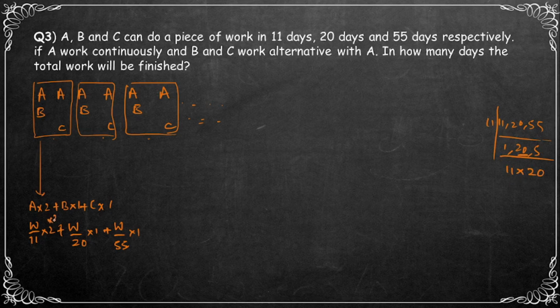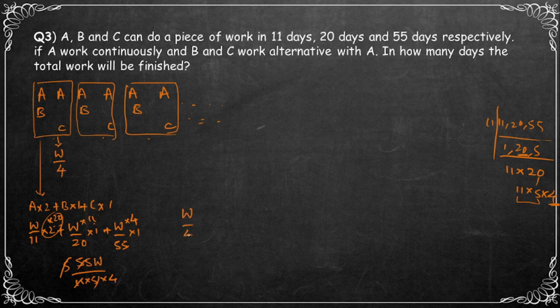So we multiply this fraction by 20, this fraction by 11, and this fraction by 4. We have 2 into 20, 40, 40 plus 11, 51, 51 plus 4, 55. So 55 W by 11 into 5 into 4. Now the 11 and the 5 cancel, so W by 4. So in one pattern we are getting W by 4 of the work done.